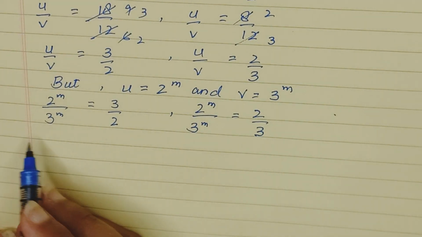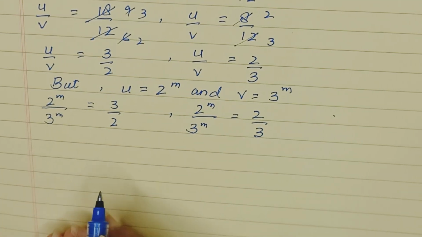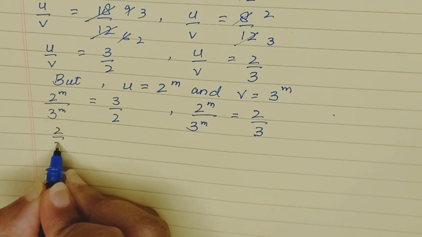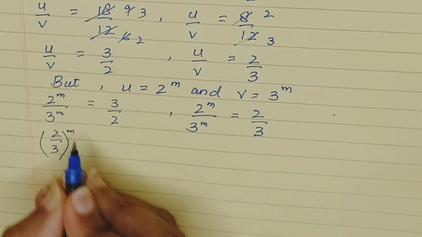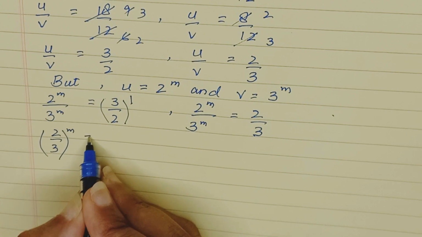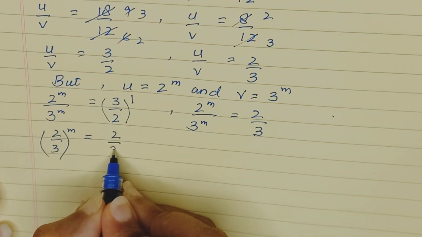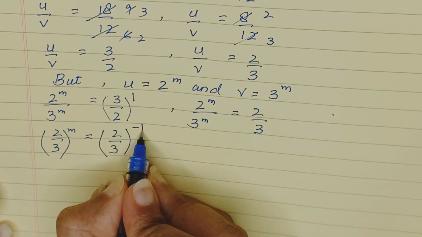So we can write it as 2 divided by 3 whole power m, according to the exponential rule. The right side has no power, so it means it has power 1. So we can write it as 2 divided by 3 raised to the power negative 1.